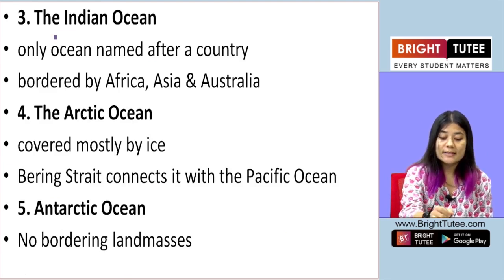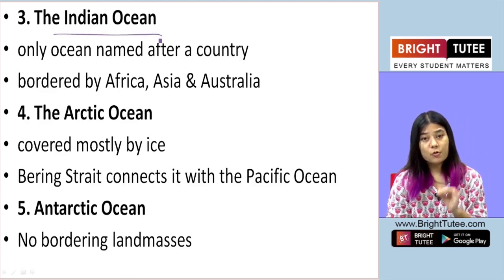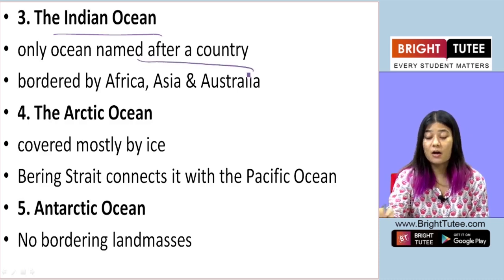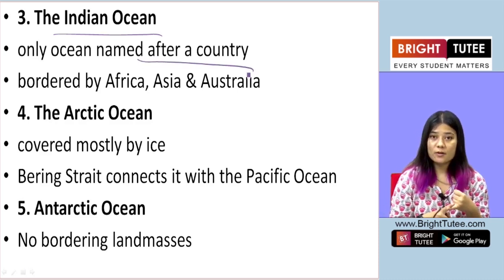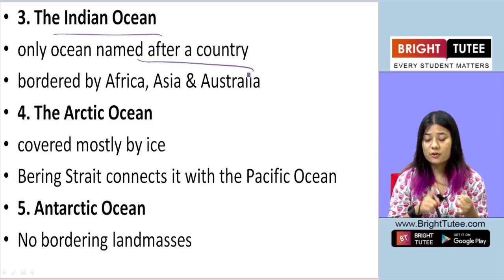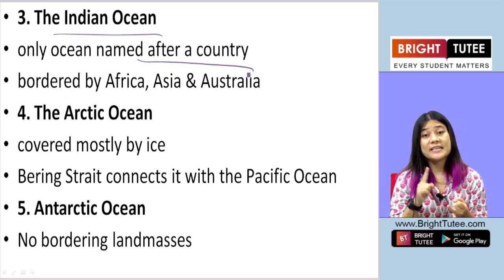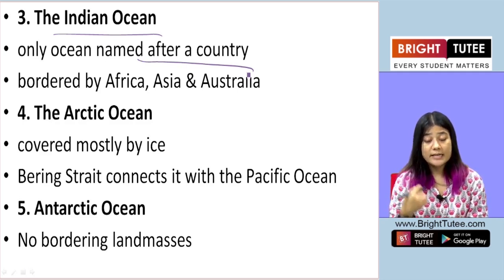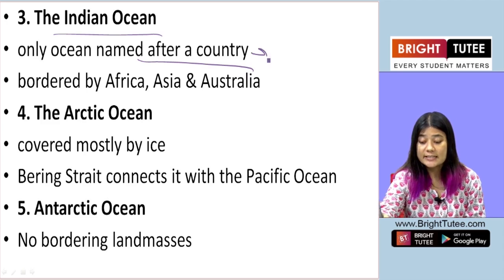Now let's look at the Indian Ocean. Indian Ocean is the only ocean which has been named after a country. Look at Pacific Ocean. Is it named after a country? No. Atlantic Ocean? No. But Indian Ocean is the only ocean in the world which is named after the country India.